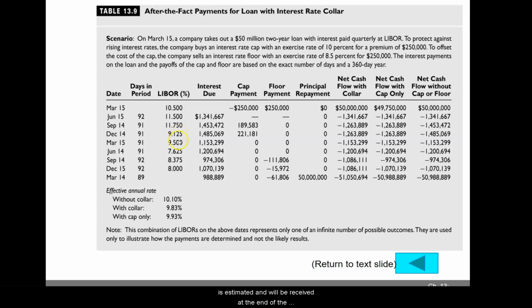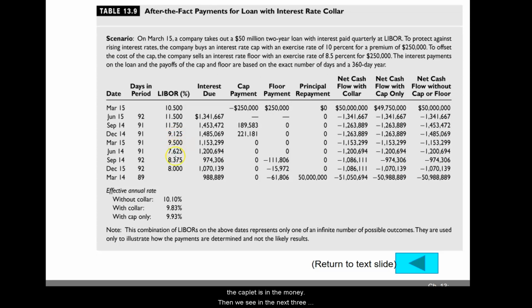Now the next two quarters are special cases in the sense that the LIBOR on these days is between 10% and 8.5%, and whenever in the case of an interest rate collar, the LIBOR is between the exercise rates for the interest rate cap and the interest rate floor, that is 10% and 8.5%, neither the caplet nor the floorlet will be in the money, and that is exactly what is happening here. So there are no payoffs.